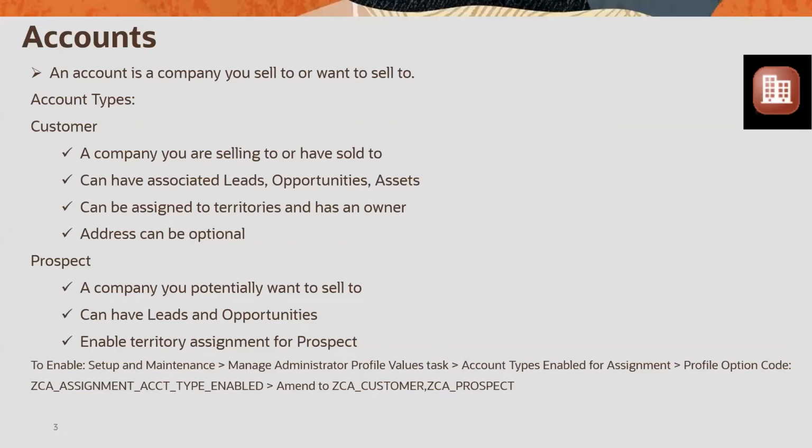For a prospect account, we haven't sold any asset or product to that company, so it is considered a prospect. But with a customer, we have already sold something, or we are going to sell something, so we consider it a customer.